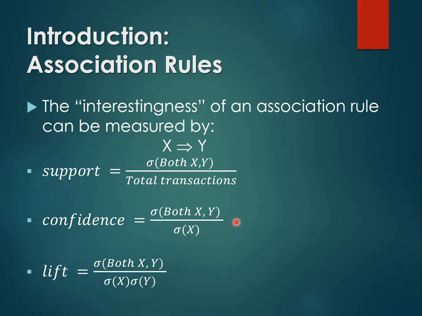For confidence and lift, the numerator is the same: the support count for both X and Y. But the denominator will be different. For confidence, the denominator will be the support count for X, whereas the denominator for the lift is going to be the support count for X multiplied by the support count for Y.